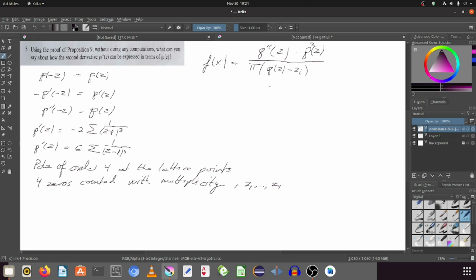So how can we evaluate it at the non-zero poles? Oh, that's the Weierstrass function. Of course, that's the poles not being zero, of course.